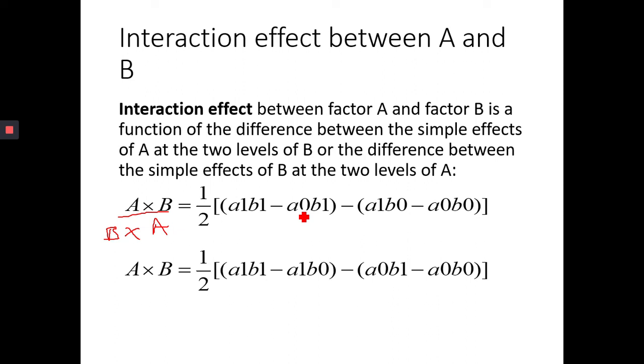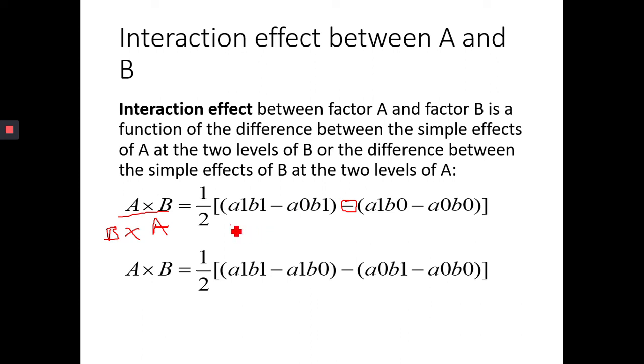So what are we saying here? We are saying it is a function of the difference. You see, the difference, this is the minus that we have, that is the difference. What is the difference between what and what? Simple effects of A at the two levels of B.